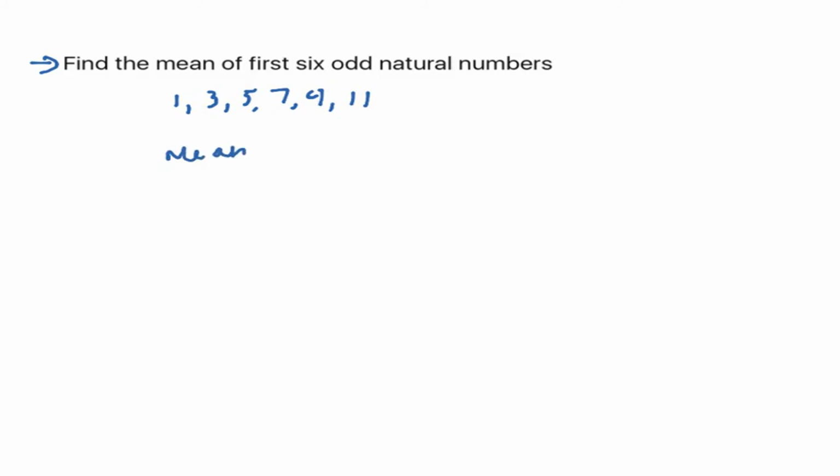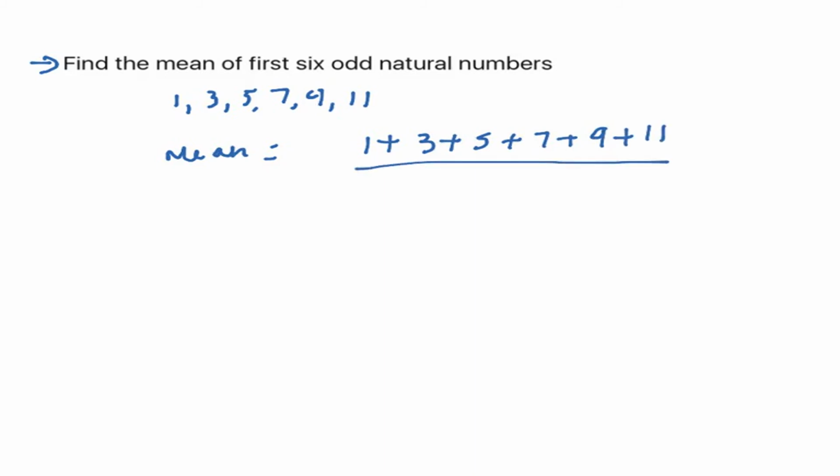First of all, we will add all these numbers: 1 plus 3 plus 5 plus 7 plus 9 plus 11, and we will divide it by the number of numbers, that is 6 over here. So we add all these, we get 36 divided by 6, we get 6. That means the mean of the first 6 odd natural numbers is 6.